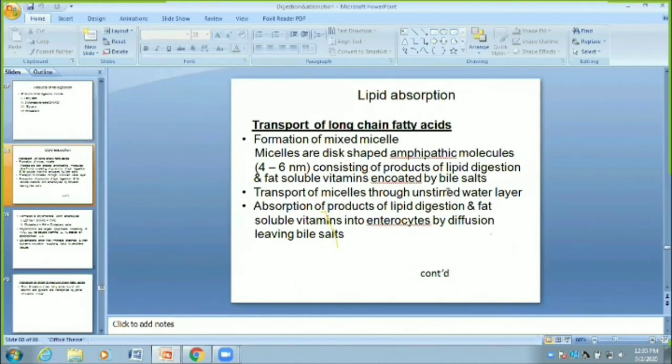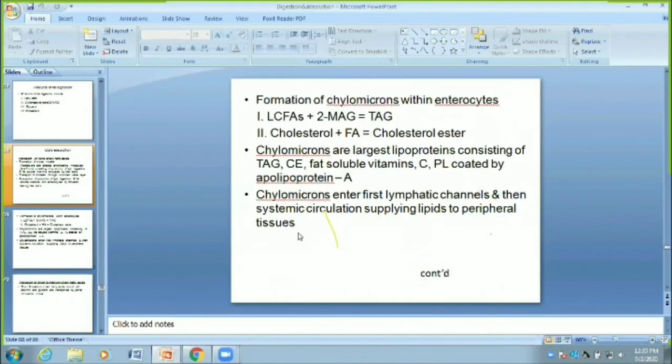Transport of micelles through the unstirred water layer occurs, then absorption of the products of lipid digestion takes place by simple diffusion, leaving bile salts in the lumen, which after finishing work are reabsorbed in the terminal ileum, forming enterohepatic circulation.